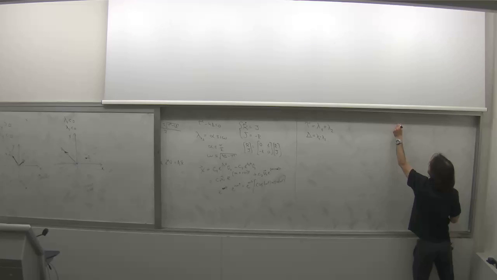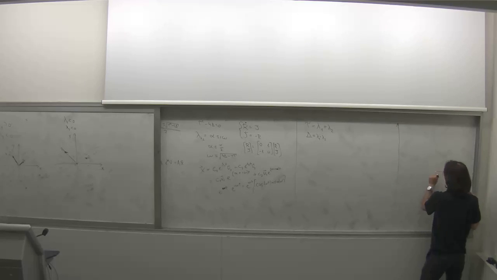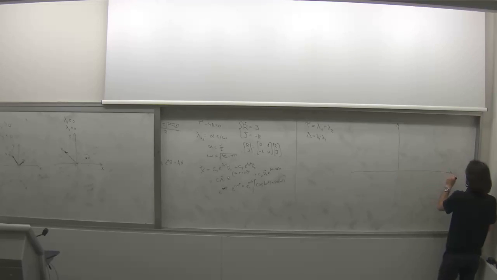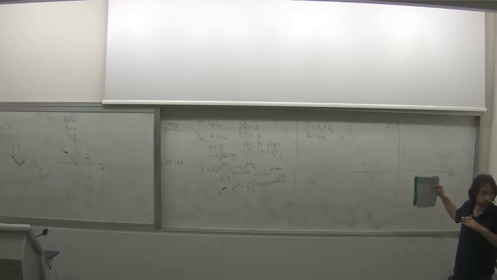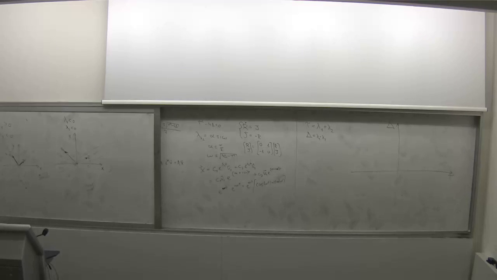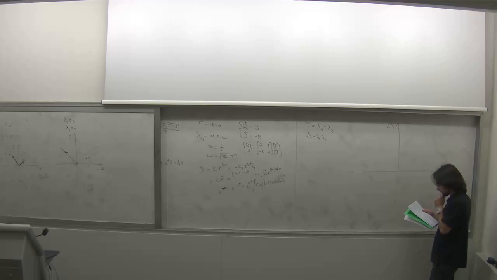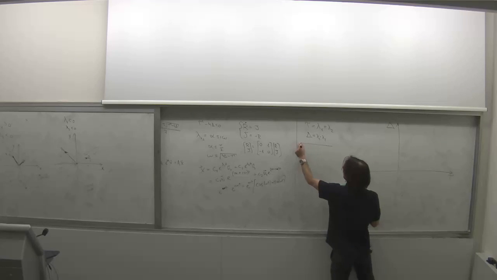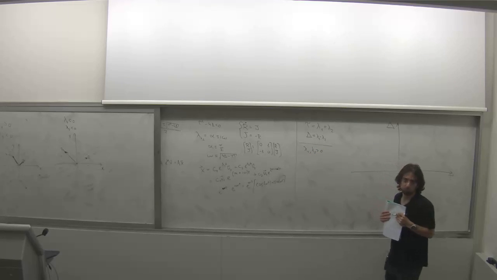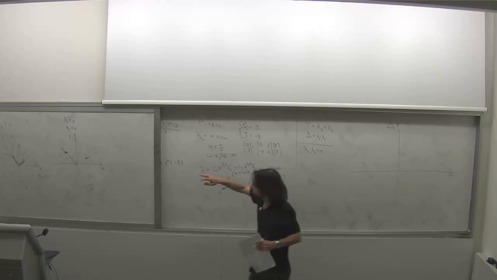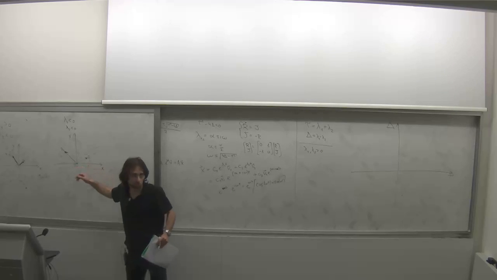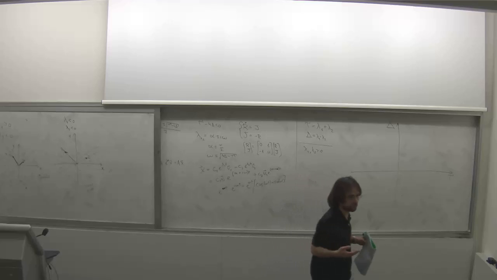So I'm going to draw this plane, the trace-determinant plane, and look at different cases on this plane. Okay, first of all, let's look at lambda 1 and lambda 2 are positive. I showed you before that this means that the fixed point will be unstable. There will be growth along both eigenvector directions.